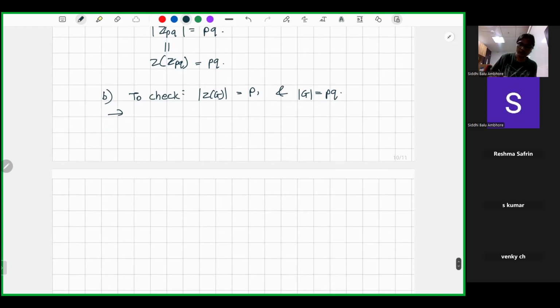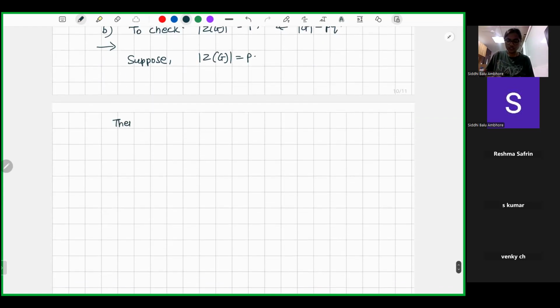So note that suppose the cardinality of ZG is P. Then ZG is anyway a normal subgroup of G, then G mod ZG makes sense, right? It is well defined.